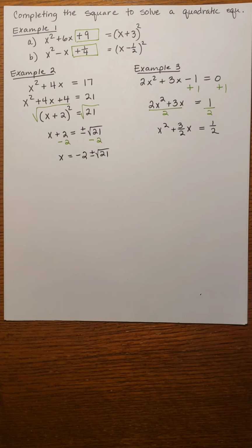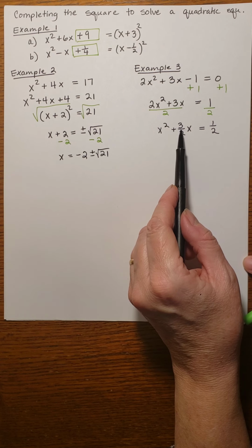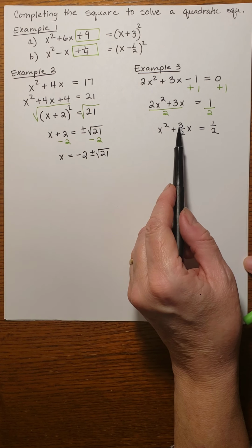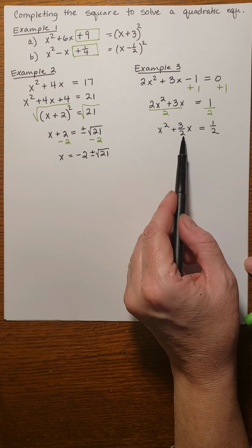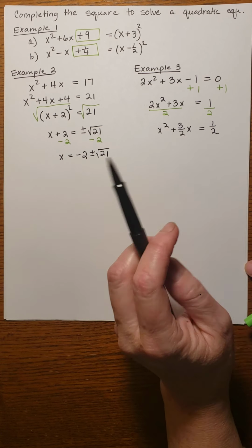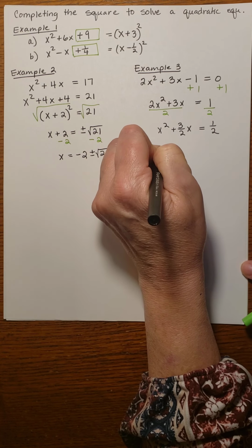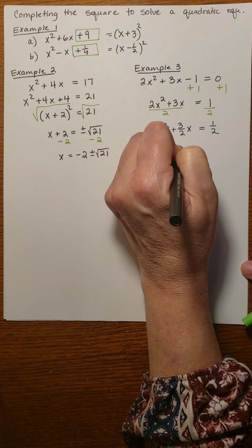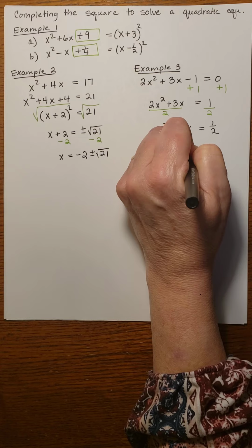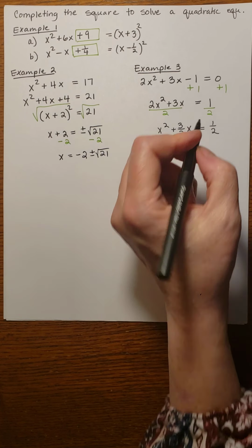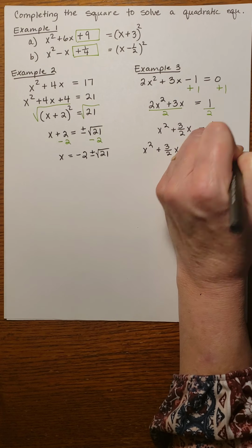Now, to complete the square on the left-hand side here, I'm going to take half of this coefficient, and half of 3/2 is 3/4, and then I'm going to square that, and the square of 3/4 is 9/16. So I'm going to add that to both sides, so I have x squared plus 3/2 x plus 9/16, and since I've added it here, I also have to add it to the other side of the equation.